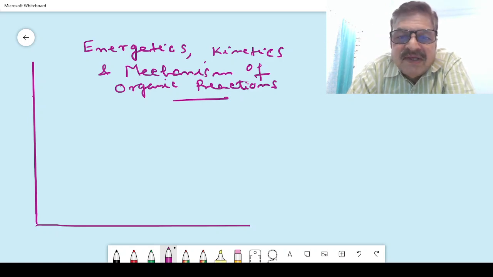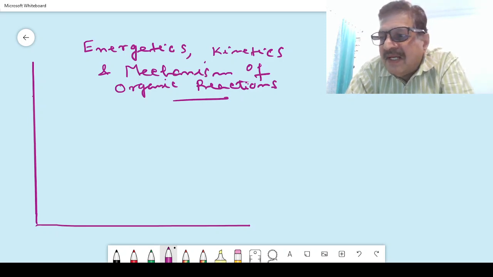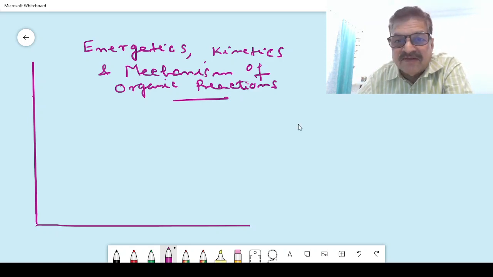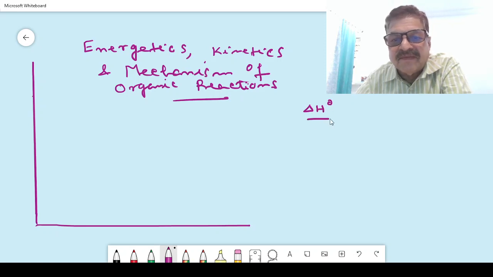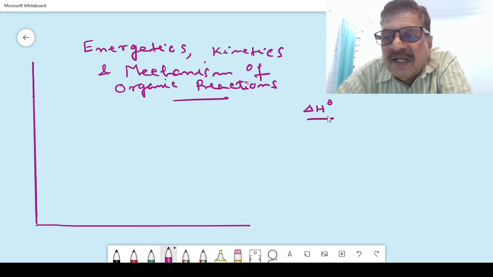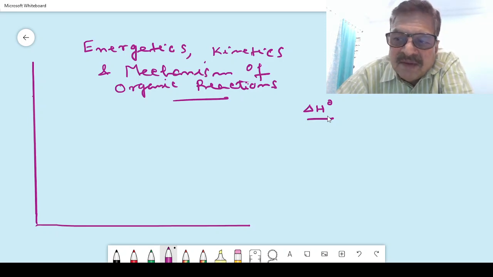So the energy absorbed or the energy released during a chemical reaction is known as delta H. That is the enthalpy change or the heat of reaction. This is the energy absorbed or the energy released during the process of a chemical reaction.